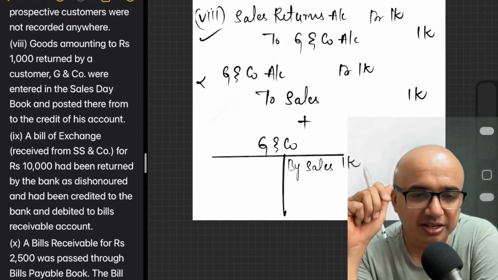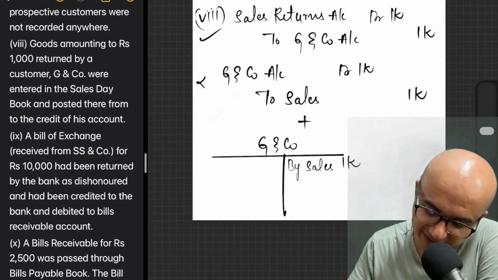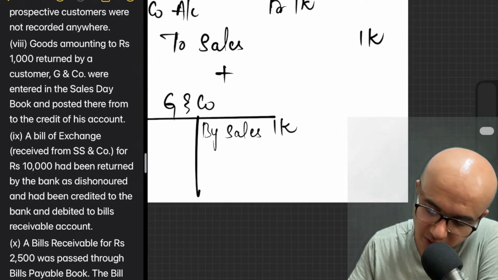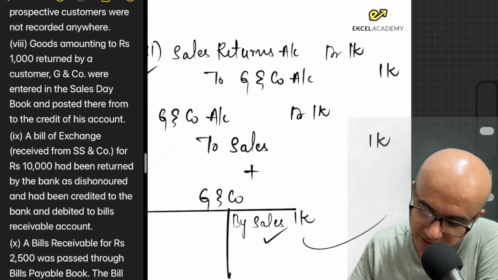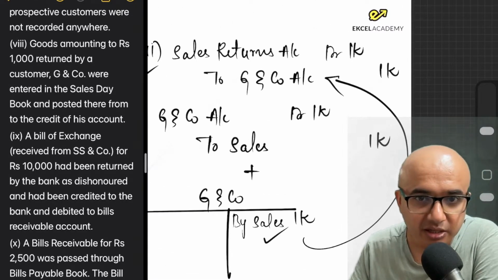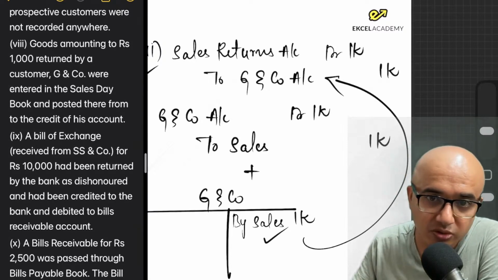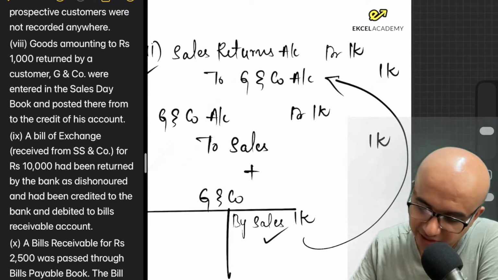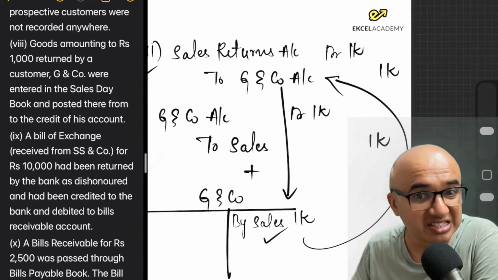Now, they have made multiple mistakes. When they made this second mistake, they actually recorded it on the right side. Because if we had recorded the original entry, that is sales returns account debit to G and Co account, G and Co would have been credited, and even in the ledger it would have appeared like this. Instead of by sales, it would have been by sales returns.